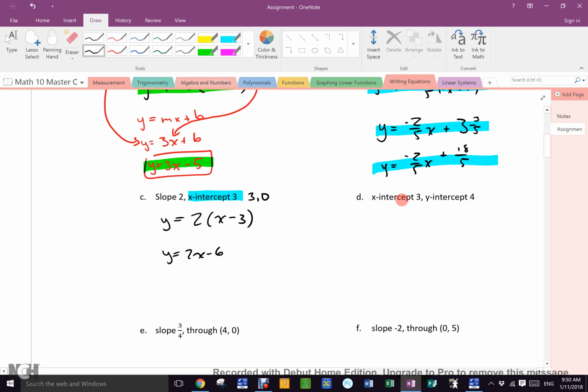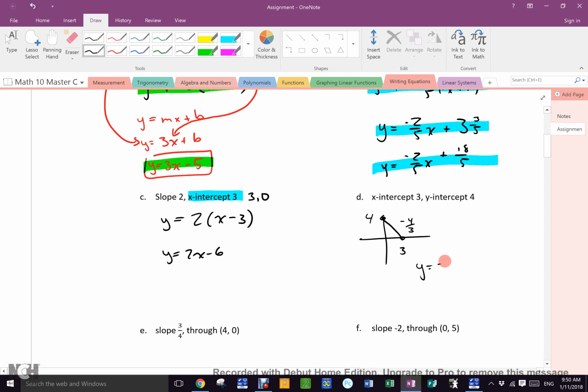This one, since you have x-intercept and y-intercept, right? You could have done general form, but most likely you didn't. Most likely, I hope you thought this. If it goes through 3 and 4, it has a slope of negative 4/3.